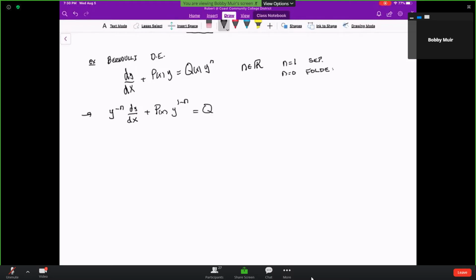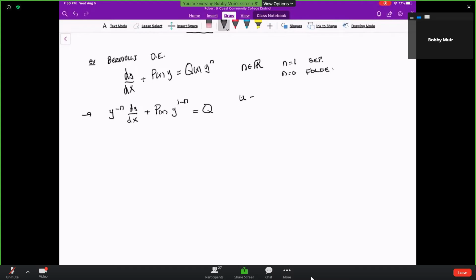Now the thing to recognize here is what Bernoulli saw, and he didn't just write this down and say, I named this Bernoulli. He solved a differential equation using this technique, and people started saying, using Bernoulli's technique, and eventually it becomes a Bernoulli differential equation.